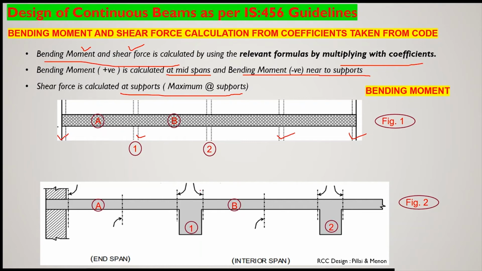So we have taken some section of the continuous beam for understanding purposes. This is span A, correspondingly this will be span B. So it is very clear that A is the end span, B is the intermediate span. So end span and interior or intermediate span.